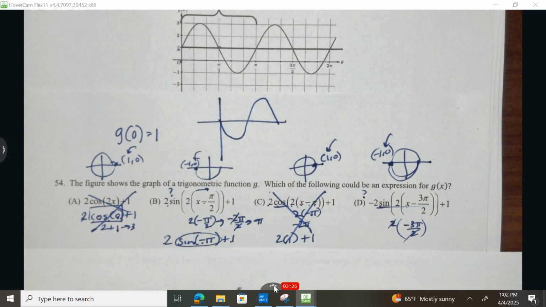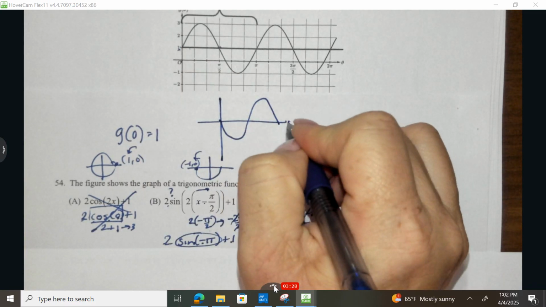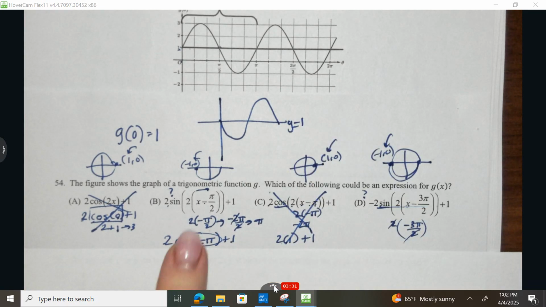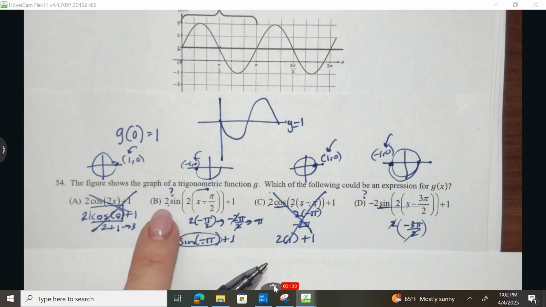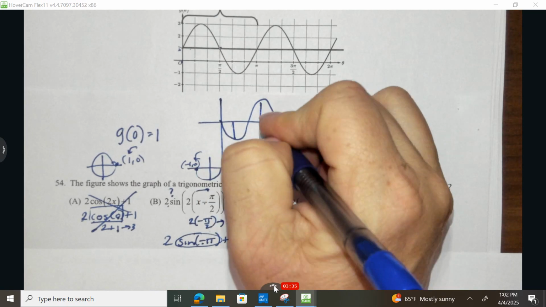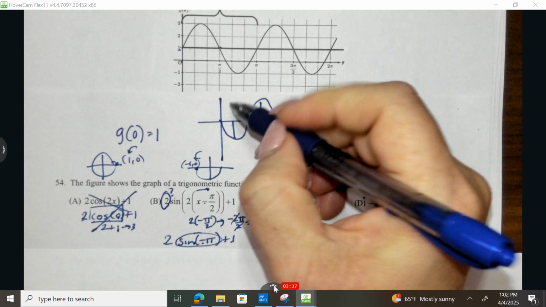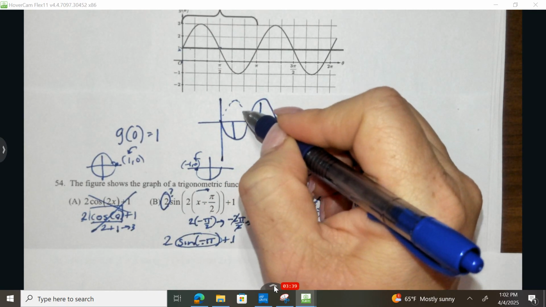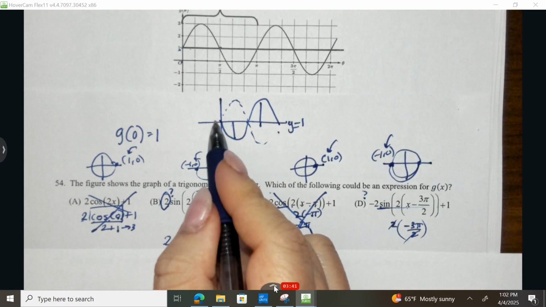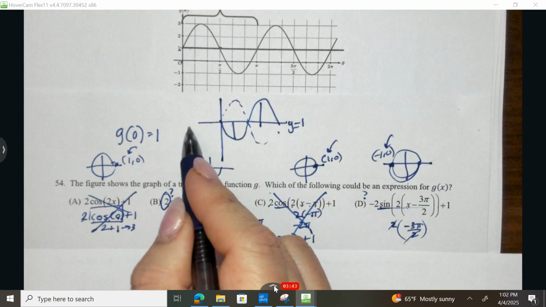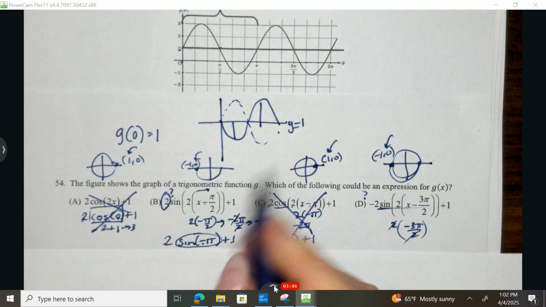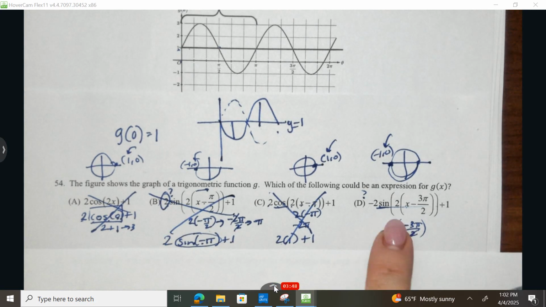And we can see this is the midline y equals 1. But here's the problem. This says we have an amplitude 2. But the positive value says that this sine function should go up first and then down. And we can see that it's actually been reflected across this midline. So this should have been a negative. Cancel this out.